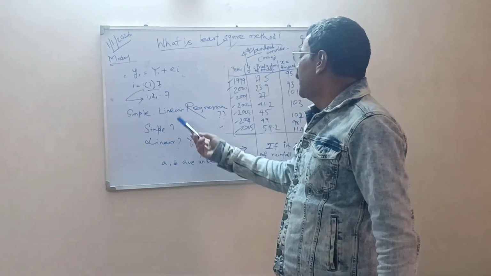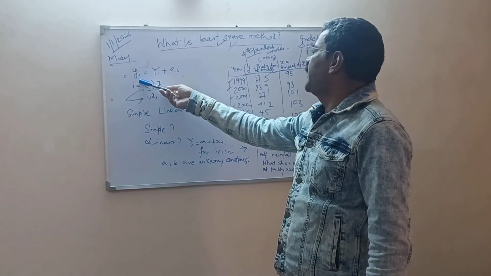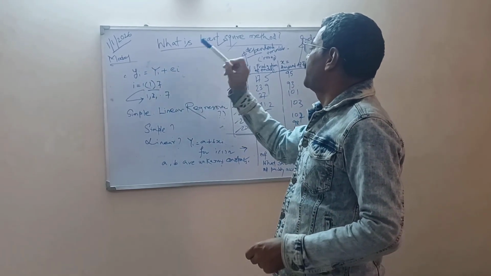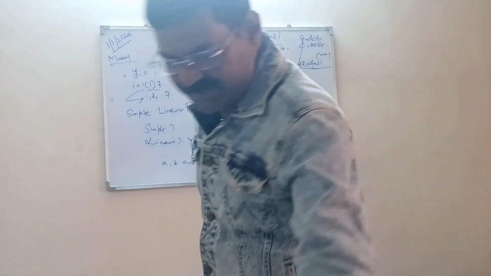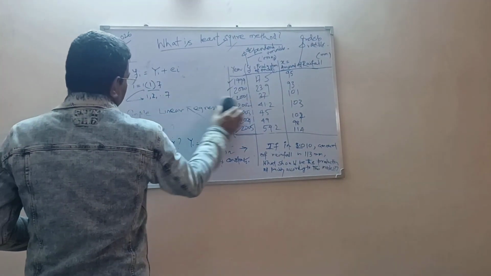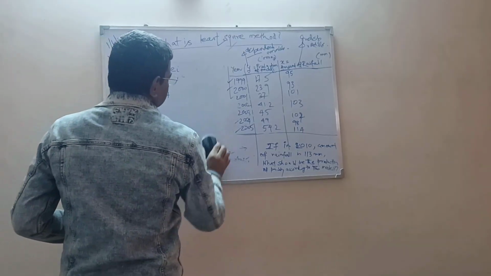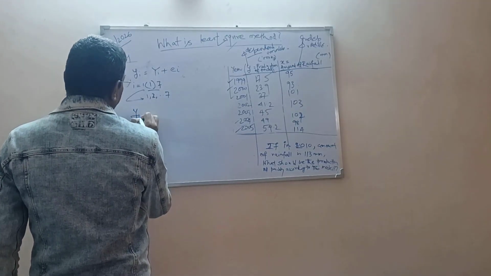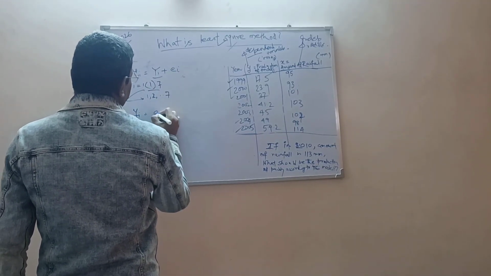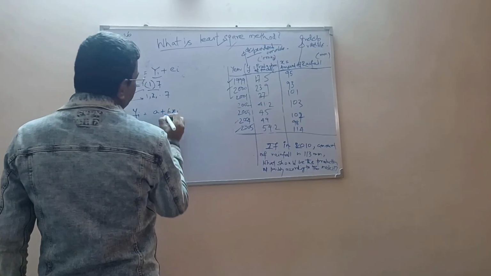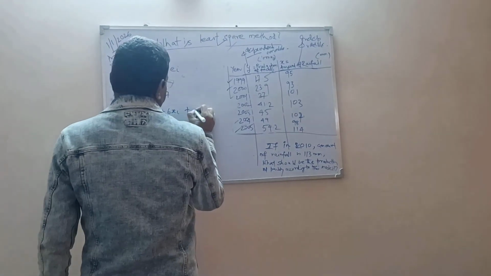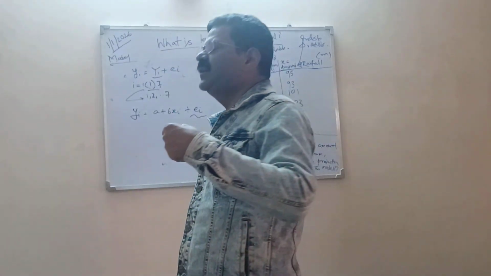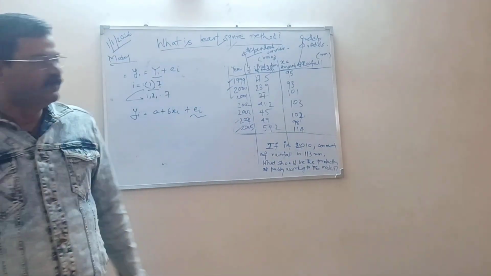Now let's see how we can work with our model, small yi equals capital Yi plus ei. So yi equals capital Yi, meaning a plus b xi as we have assumed a linear model, plus ei. Now what is our goal? ei is the error corresponding to the ith observation.